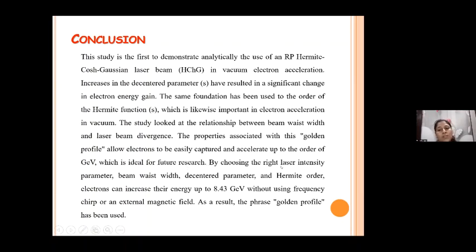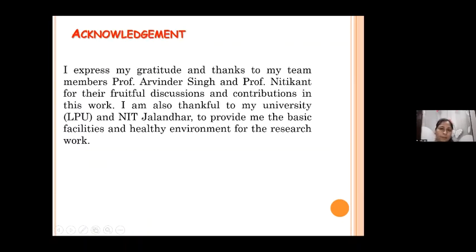If we choose the correct parameters, for example, correct laser intensity, beam waist, decentered parameter, and Hermite order, we can achieve energy up to 8.43 GeV without using any external frequency variation or external magnetic field. As a result, we can call it a golden profile.